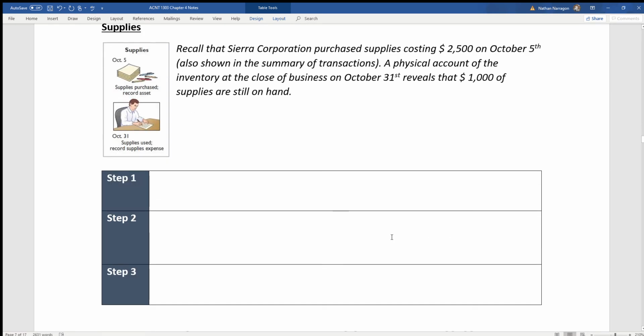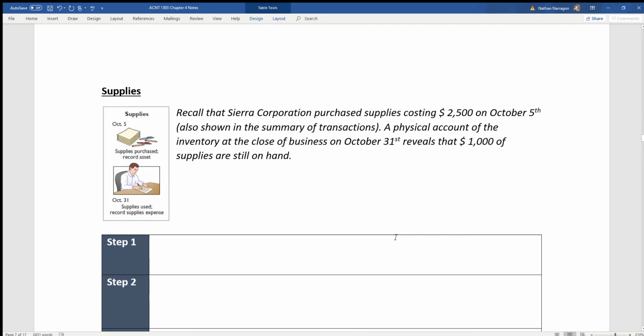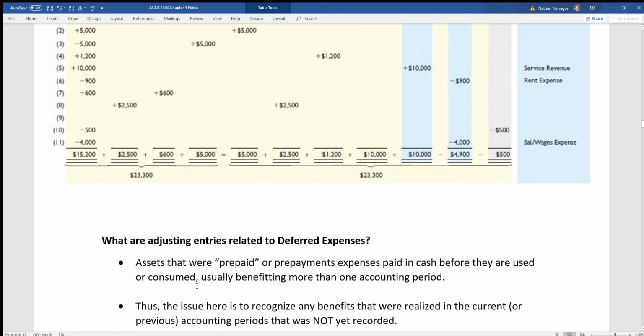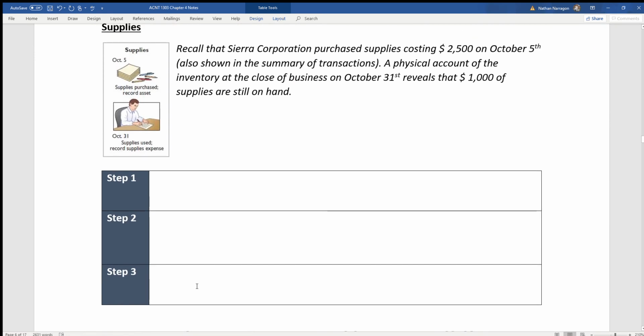First off, we're going to deal with the supplies account. For the supplies account, Sierra Corporation purchased supplies costing $2,500 on October 5th. And this is also shown up here. We would have it right here. There's our $2,500. Okay.